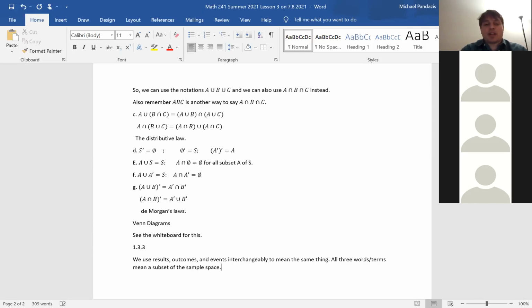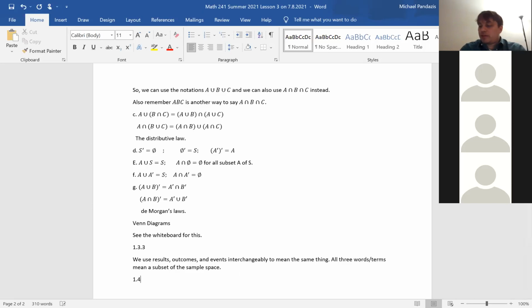Before I defined an outcome to be a subset of the sample space. And there are two other words that are used to mean the exact same thing, and that's results and events. So an event is a subset of the sample space, and a result is also a subset of the sample space. It's the same thing as an outcome, which I already described is a subset of the sample space. So whenever you see result, outcome, or event, all three of them mean the same thing, a subset of the sample space.